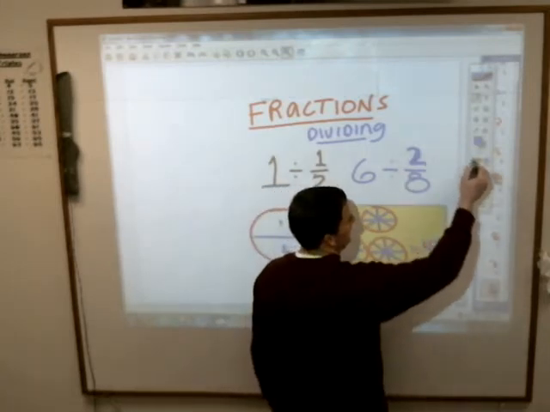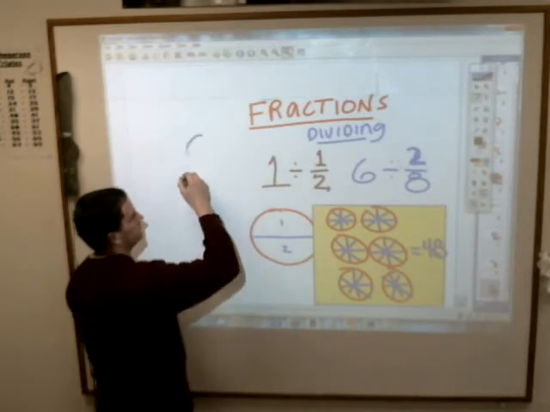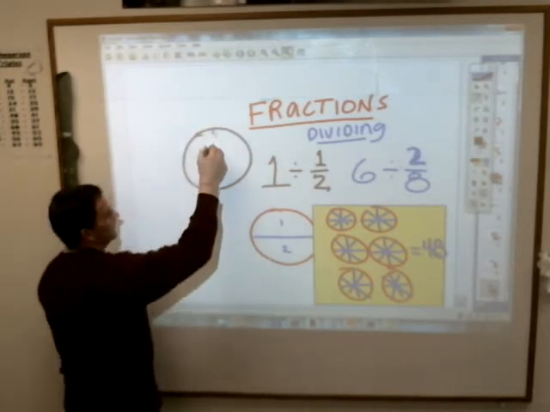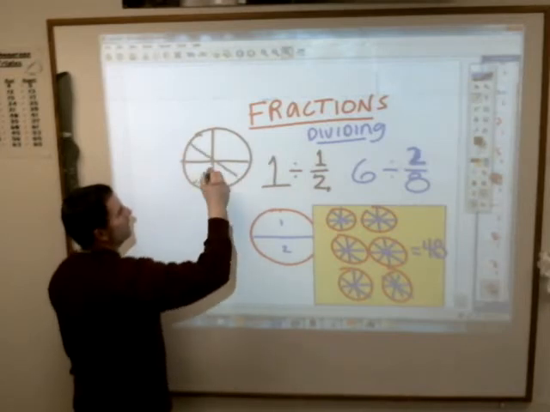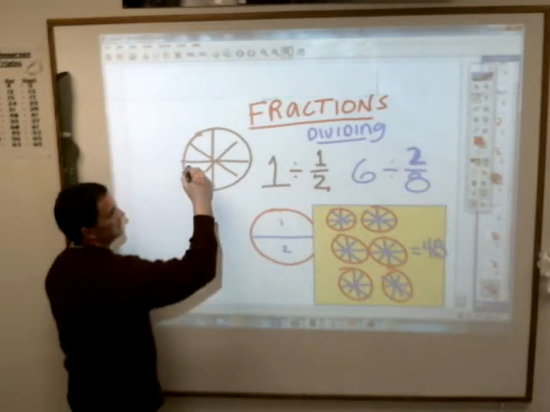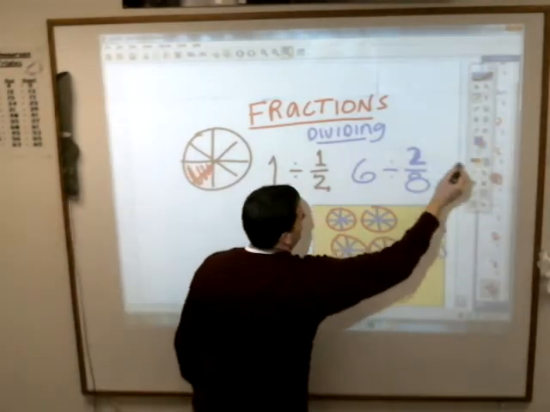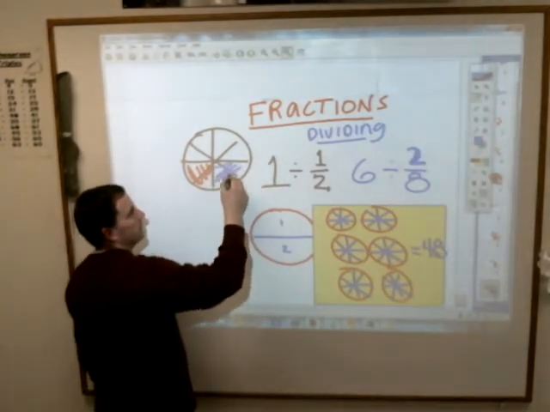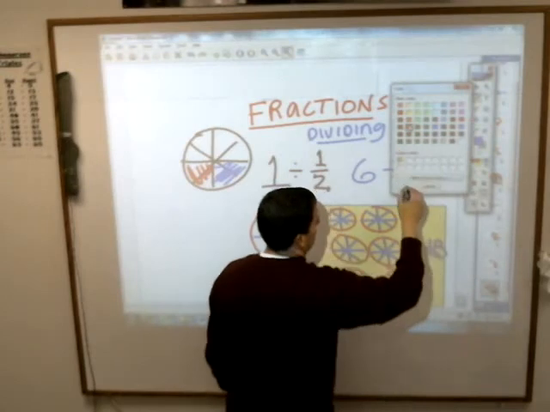So if I just had one pizza and I cut it into 8s, I want to know how many groups of 2/8s I can get out of it. Here is one group of 2/8s, correct? Here is another group of 2/8s. By the way, 2/8s is the same as 1/4, so maybe that'll help you out here.